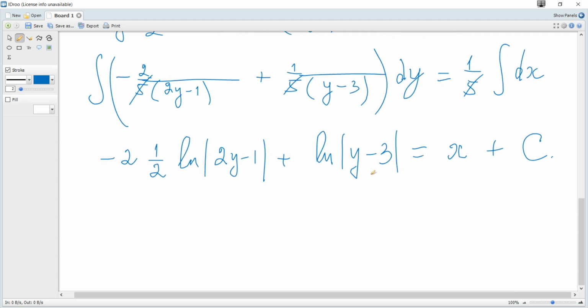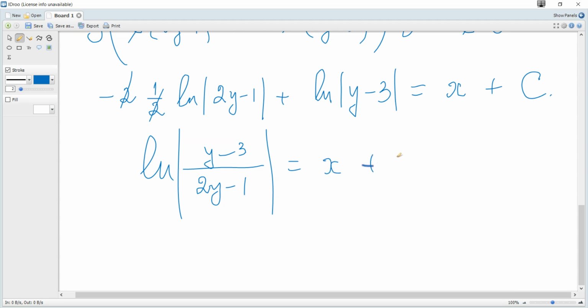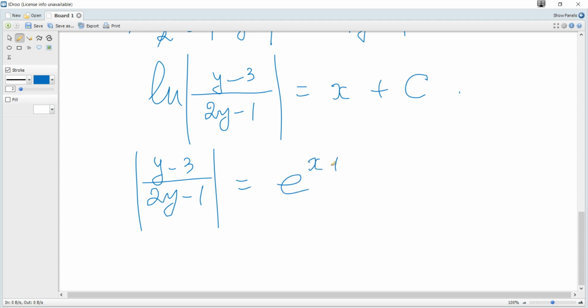Then we need a single logarithm, and you can see 2 cancels, and ln minus ln is ln of the division, so it's ln of y minus 3 over 2y minus 1, and in general it's the absolute value, and it is equal to x plus c. Then we undo ln, and it becomes the absolute value of y minus 3 over 2y minus 1 is equal to e to the power of x plus c.